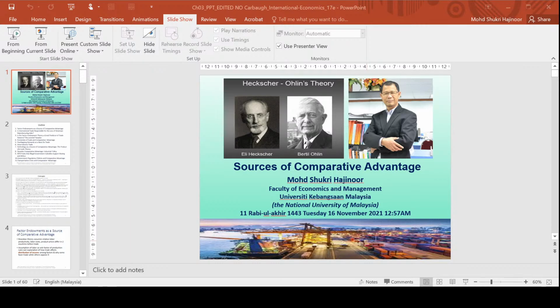So comparative advantage leads to production specialization and trade, a change in relative output of products X and Y. Trade will change the relative price of goods X and Y, and this will lead to a change in factor prices. So this is the theory of factor price equalization.